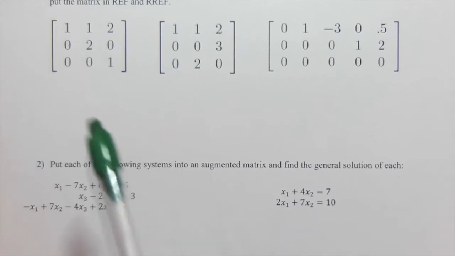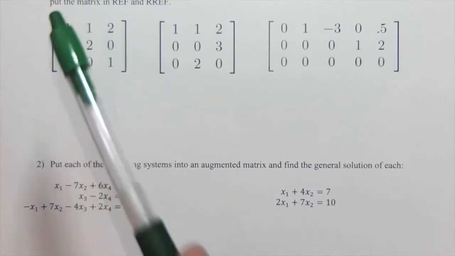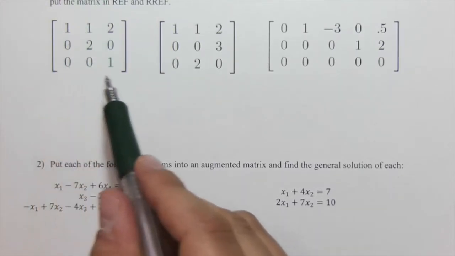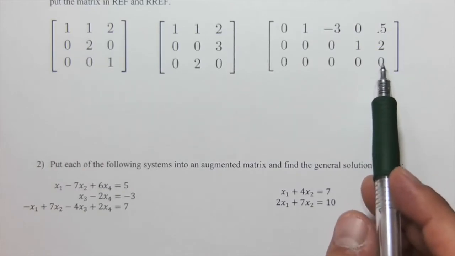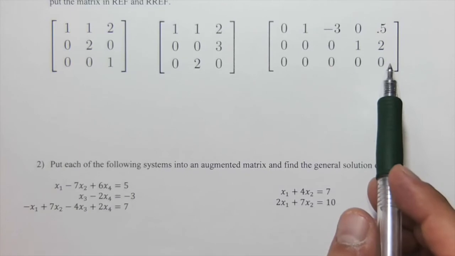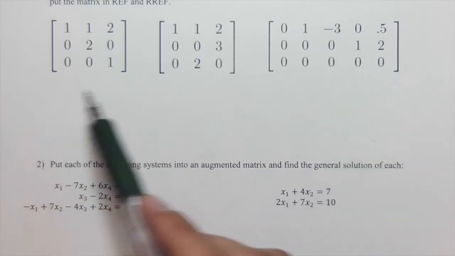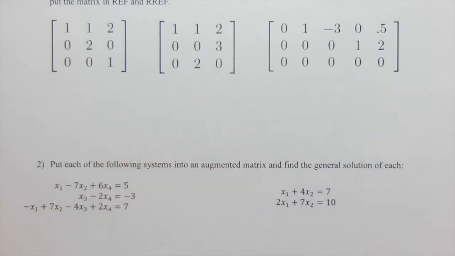In the first problem here, you're supposed to look at each one of these matrices, think about whether they're fully reduced or not, and if they're not fully reduced, describe in words how you would reduce it. So I'm not actually asking you to fully reduce it, just think through what the steps might be in each case.